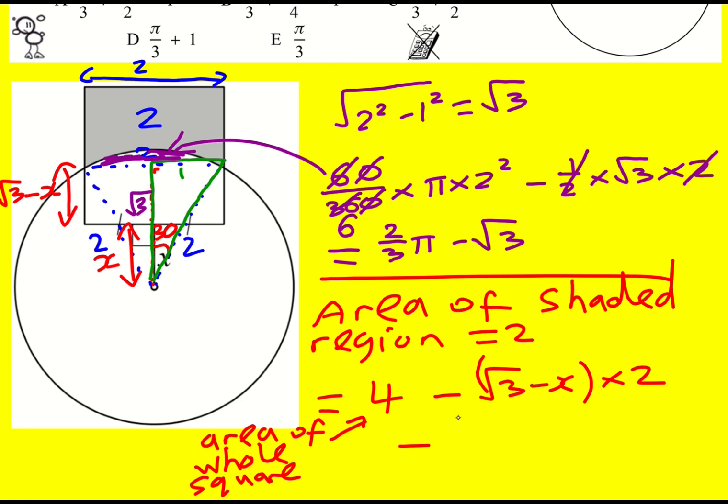And then I need to also minus this purple area, 2/3 pi minus root 3. That needs to be in a bracket. I'm just going to say that one more time, go through the whole steps again.